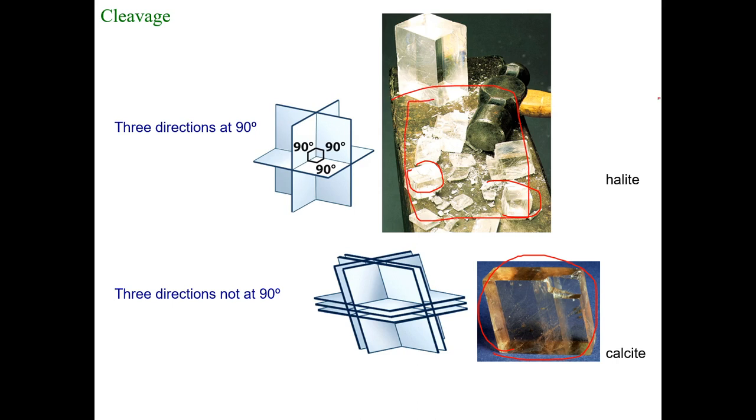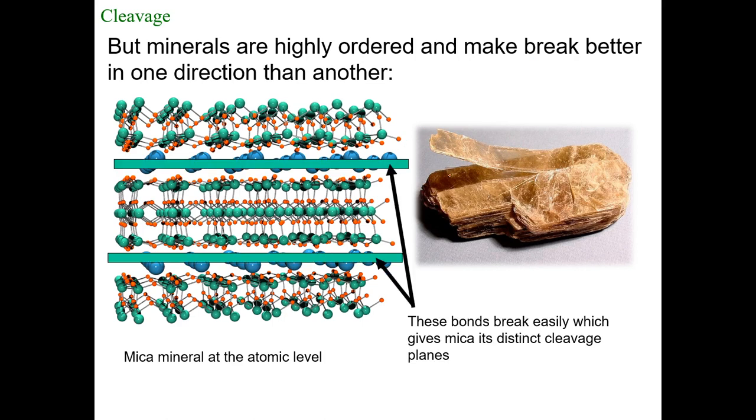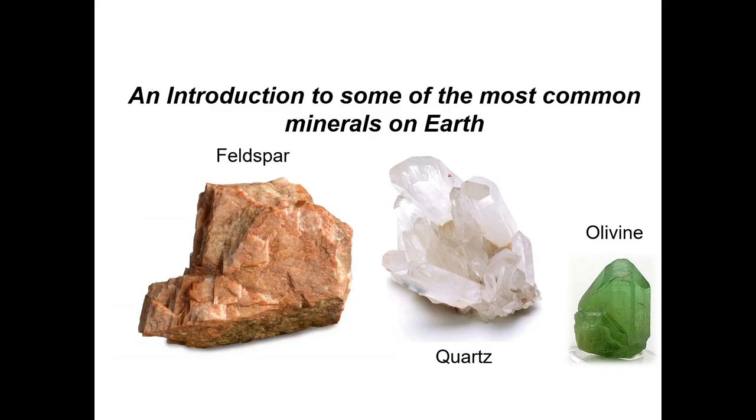That's cleavage. That's important to know because that's going to control how susceptible a certain mineral is to weathering and erosion. So I want you to be aware that such things exist. For example, mica: this all arises from the atomic structure. The bonds break very easily, and that's why you get these sheets that form.